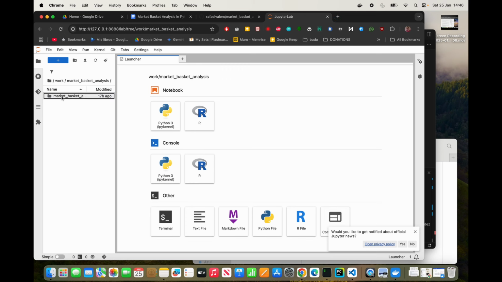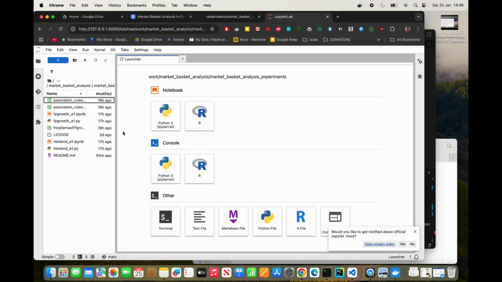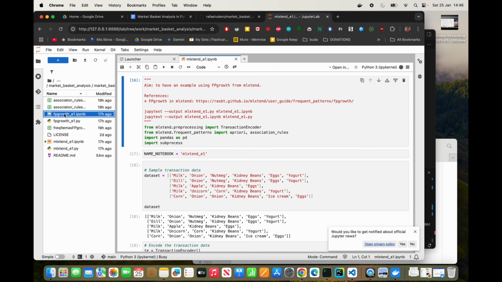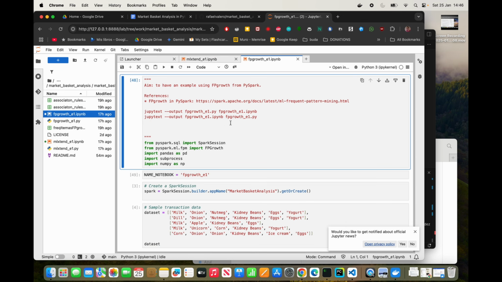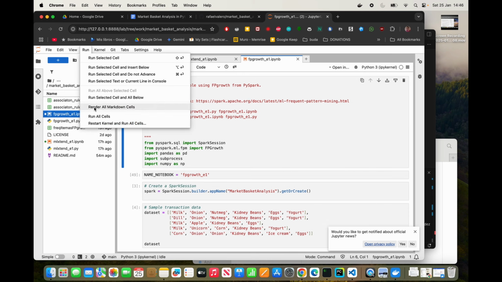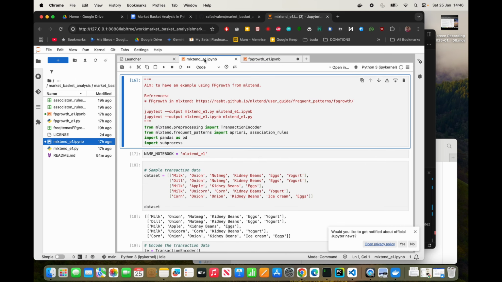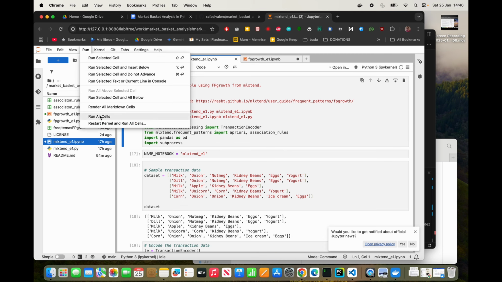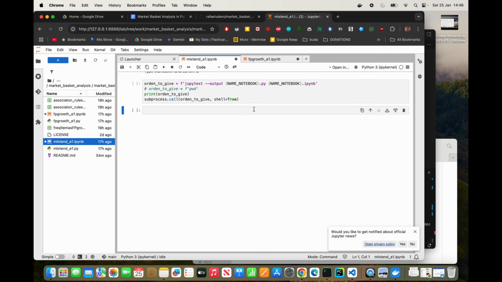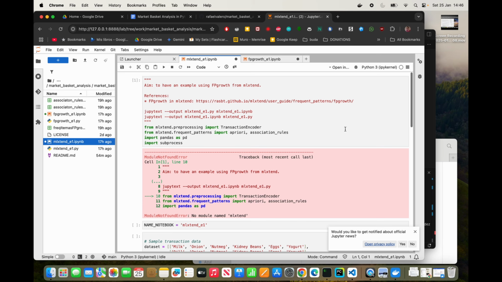I have the samples that I wanted to look at right here, and here you could run them. Both of them you could just run.